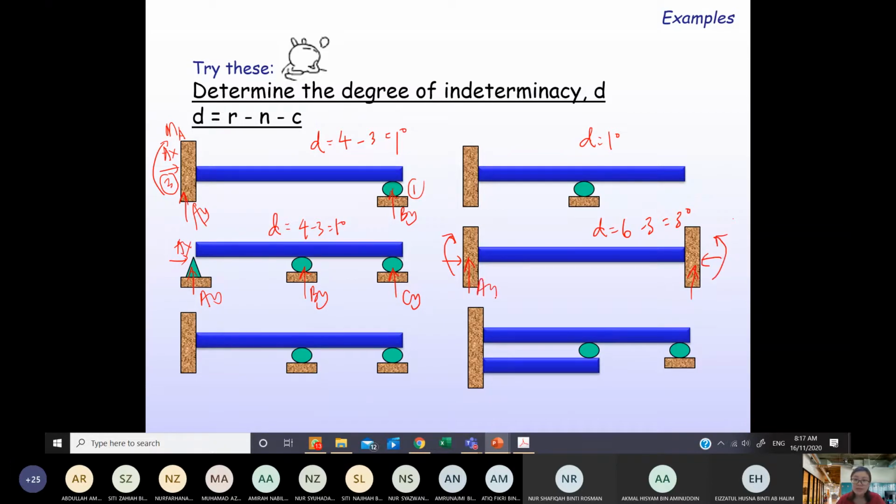Let me name these AY, AX, MA, AY, BY, BX, MB. So how many redundants are to be removed in this case? 3 redundants. So you need to remove 3 of these support reactions. Which ones can you remove?